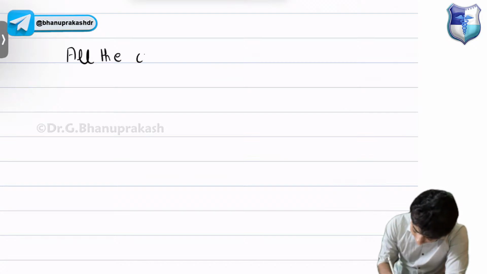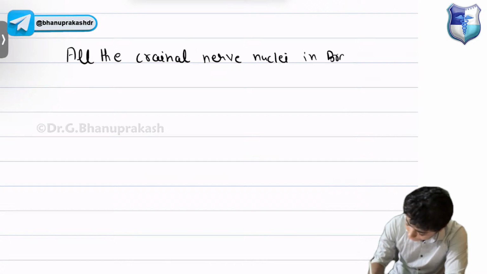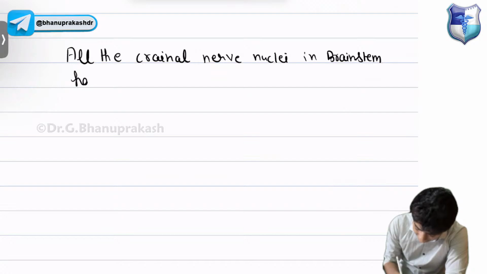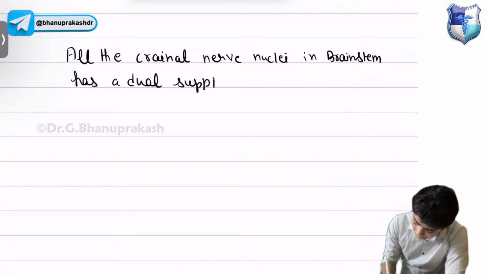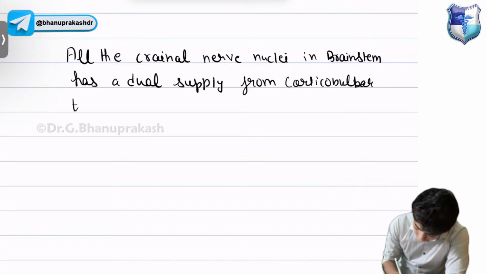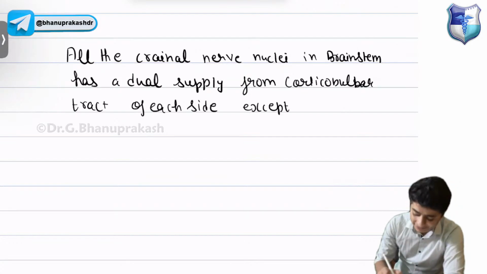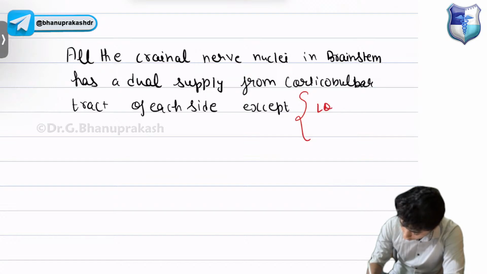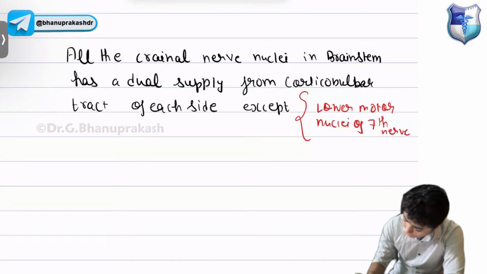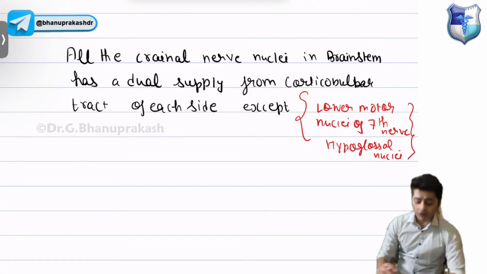All the cranial nerve nuclei in the brainstem have a dual supply from the corticobulbar tract of each side, except your lower motor nuclei of the seventh nerve and your hypoglossal nuclei. Okay, done. So what do we understand by this?